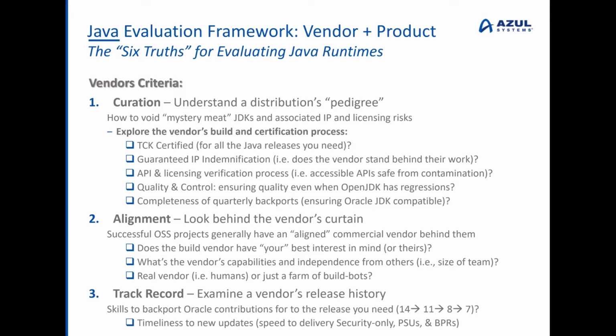And the final piece here is the track record. What's your vendor's history in ensuring that when Oracle contributes changes to Java 14 and soon 15, they make those new quarterly binaries available on a timely basis?